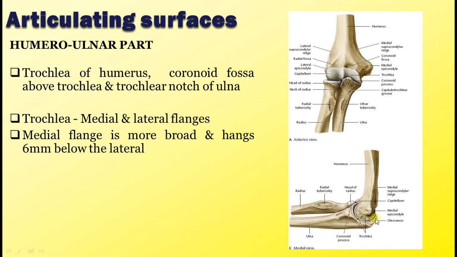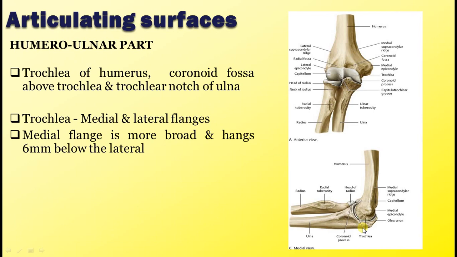It is saddle shaped, like the seat of a horse. When you look at it in the diagram or in this picture, it appears both are fitting perfectly, but it is not perfectly congruent. There is no congruency between the trochlear notch of the ulna and the trochlea of the humerus.